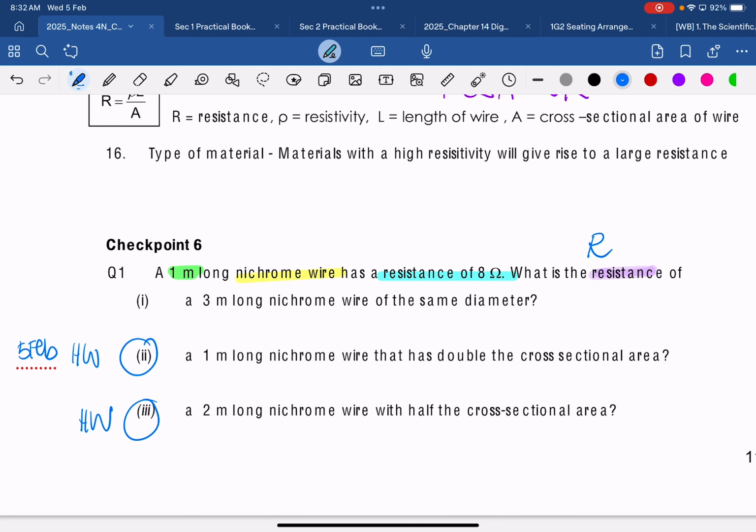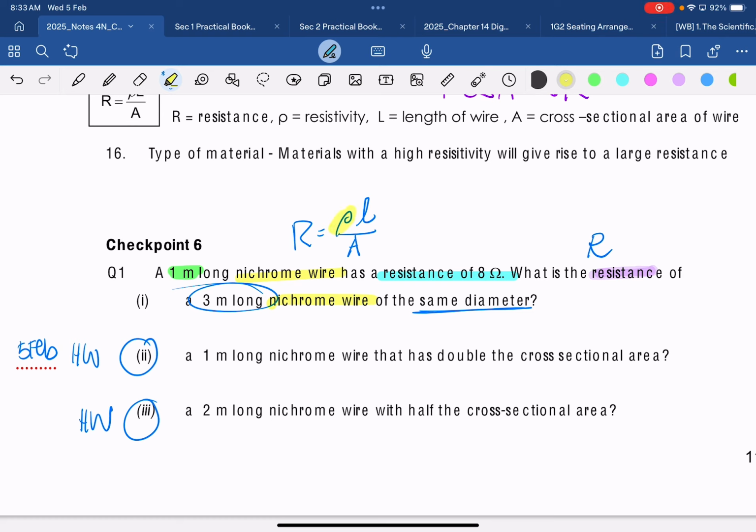If now the length is 3 meters long of the same diameter, that means my cross-sectional area is the same. So using the formula R equals rho L over A, because it is of the same material, I can omit my rho. I don't need my rho anymore.